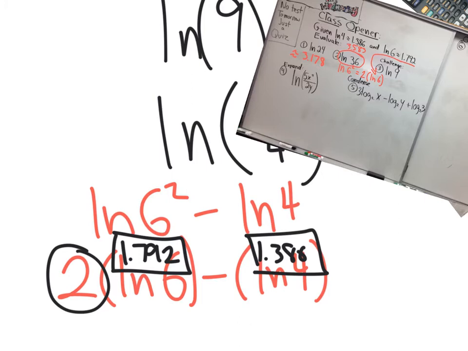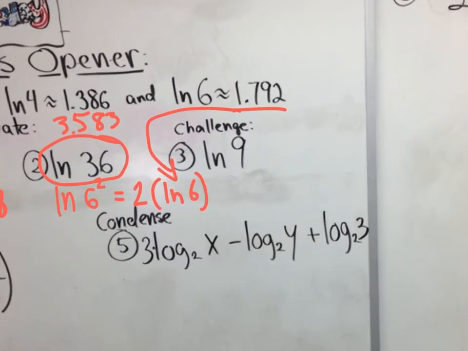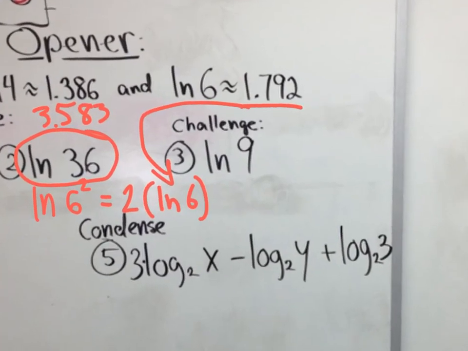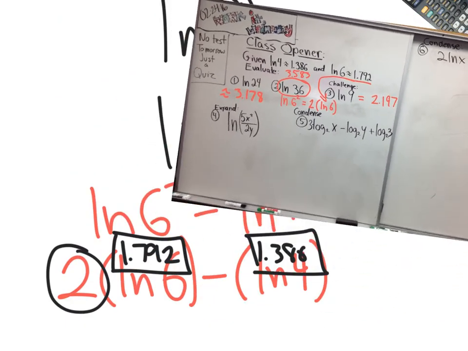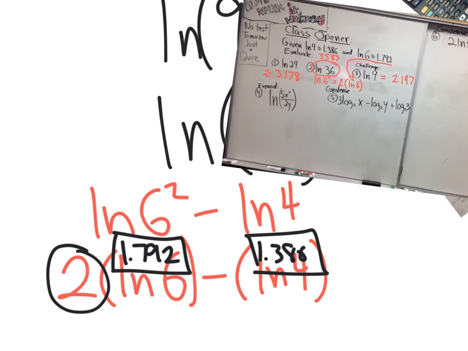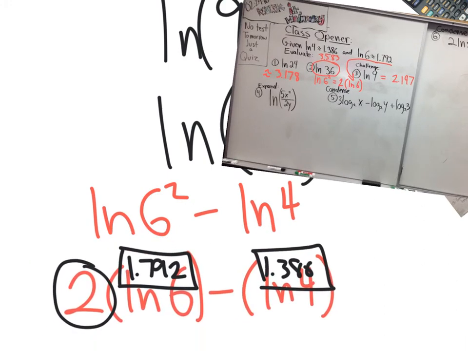But of course, it's kind of all pointless, because if you have a calculator and you just type in ln of 9, what do we get? Type in ln of 9 on the calculator, what do we get? 2.197? And that would be the same answer as we'd get over here if we were to multiply 2 times 1.792 and then subtract 1.386 from it, we'd still get that same value.